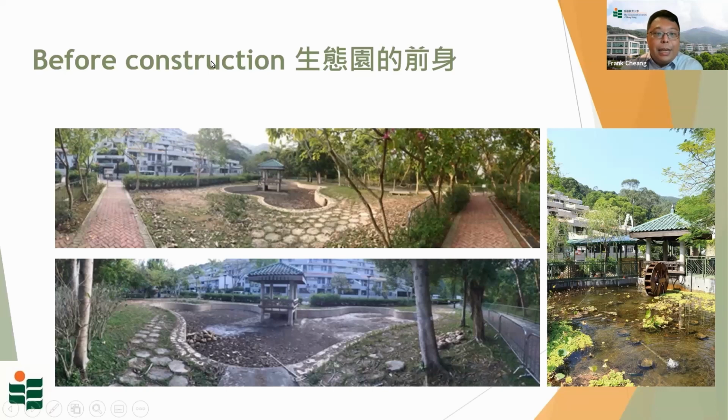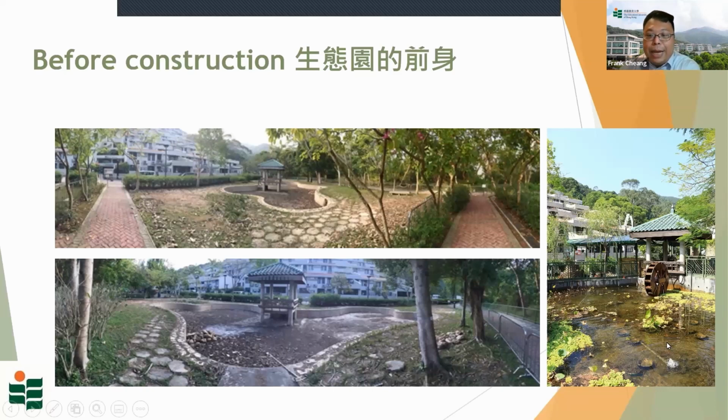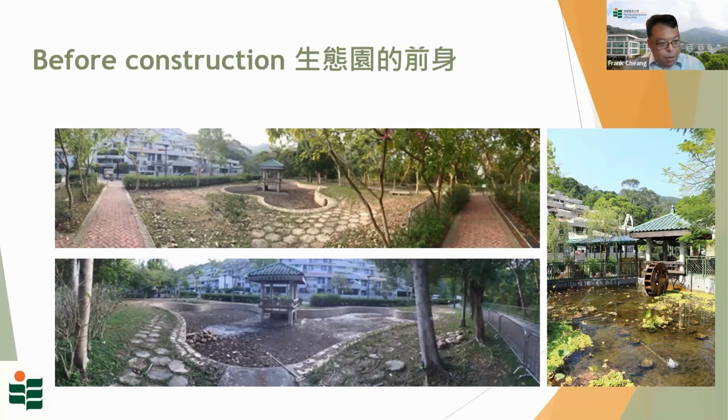You can see that we tried to add some new things to it, but there is a pavilion here. We discussed for quite a long time whether we should get rid of it, but eventually we thought that, along with the environmental and sustainability idea, this pavilion was still okay and good looking.